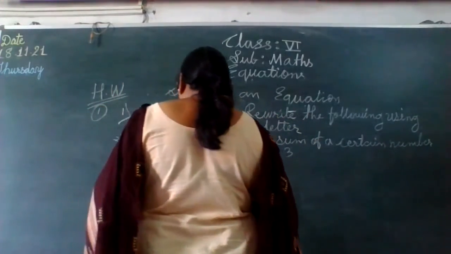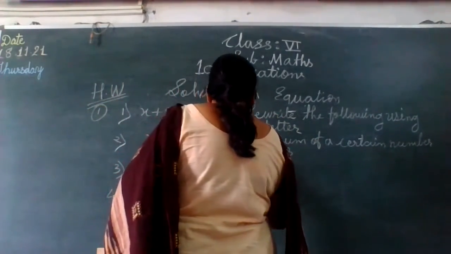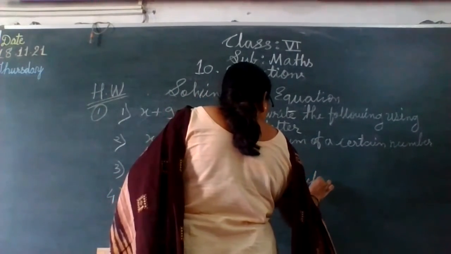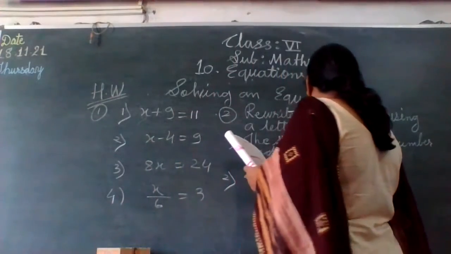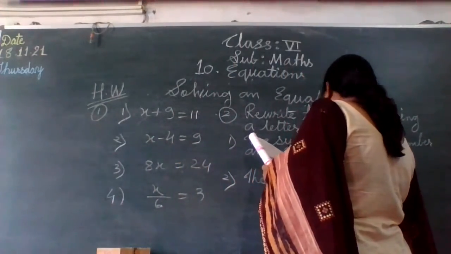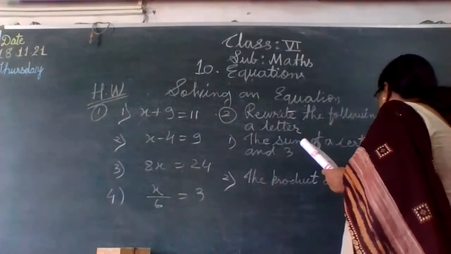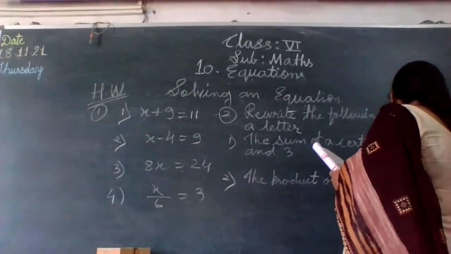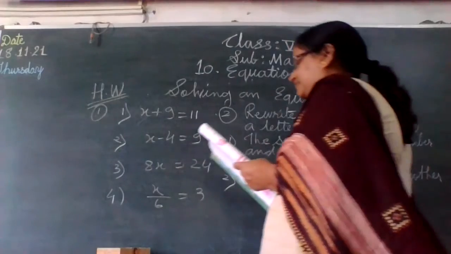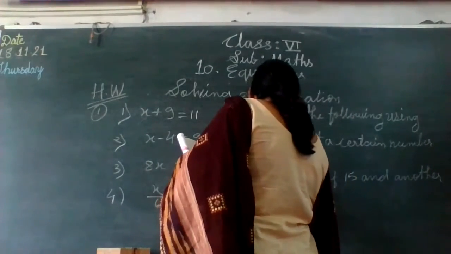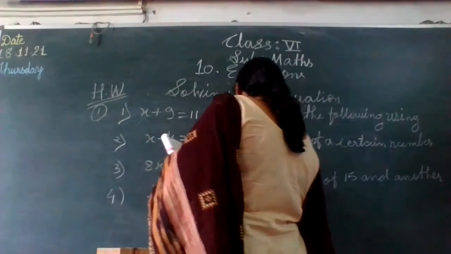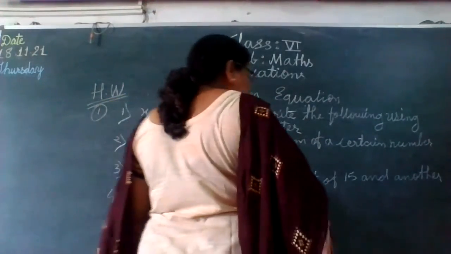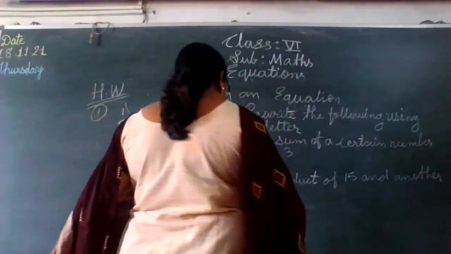The product of 15 and another number. And the third one, 4 times a number is 24.